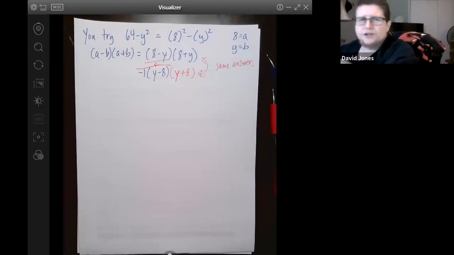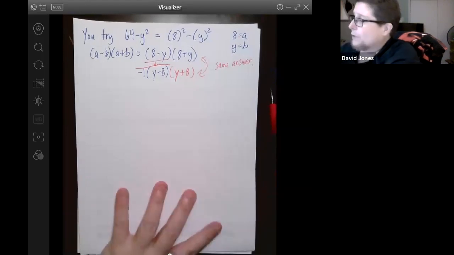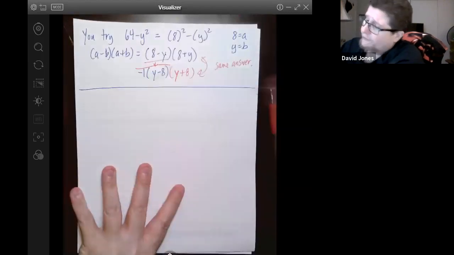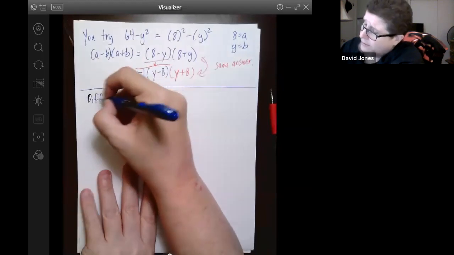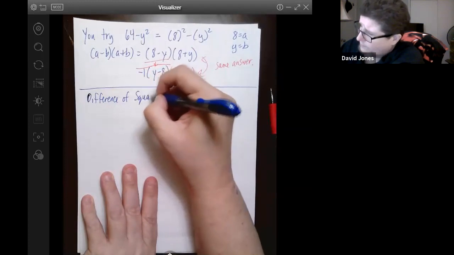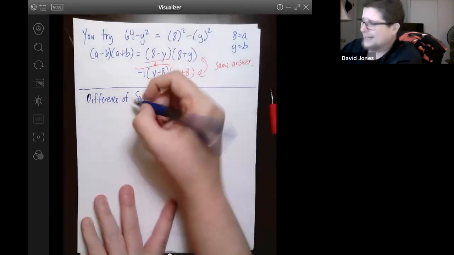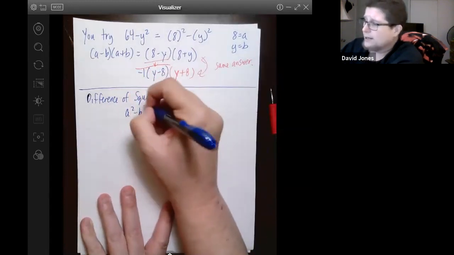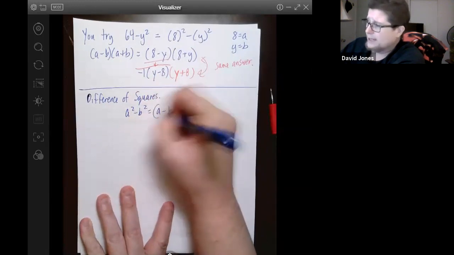So the options you'll see that you can do something with. Difference of squares. This is for your binomials. Again, a squared minus b squared is a minus b and a plus b.